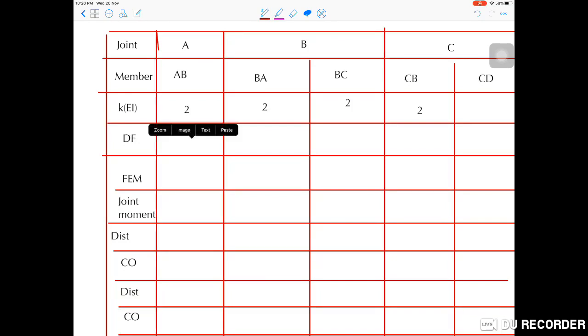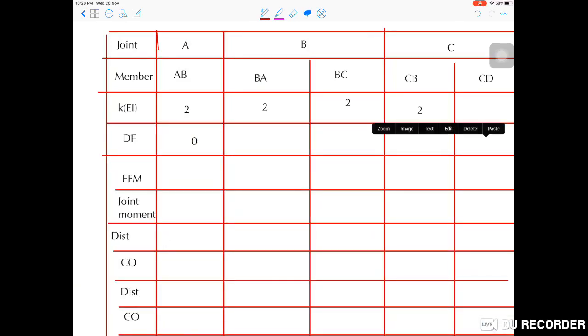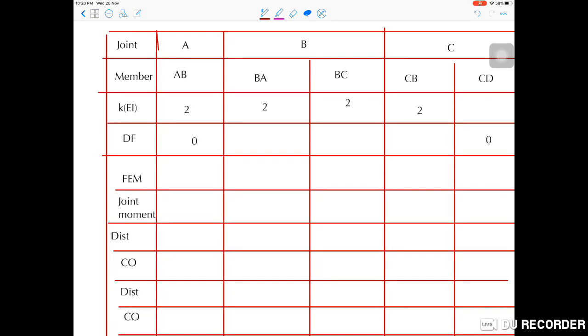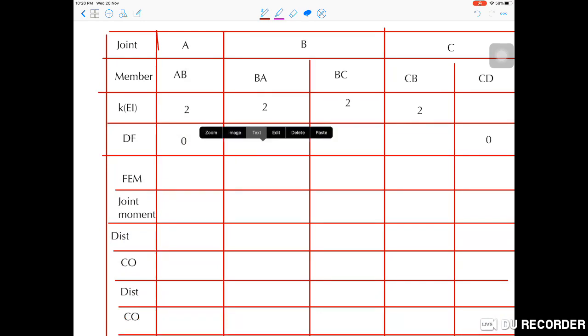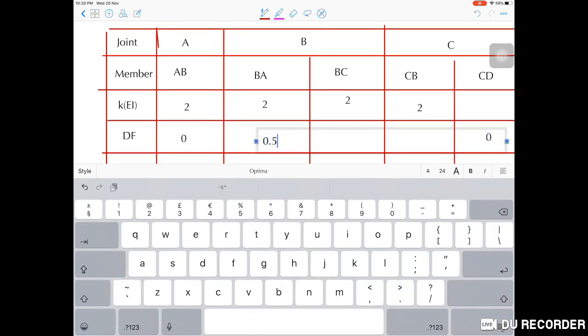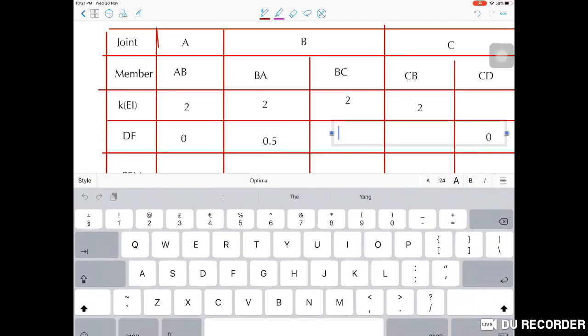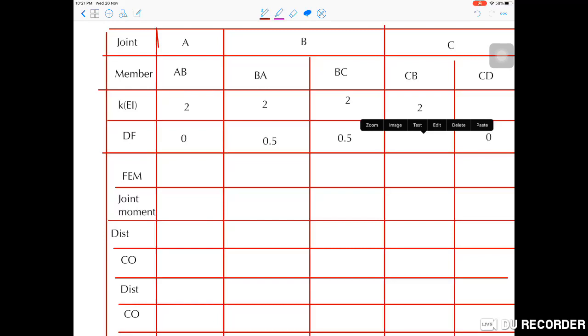So DF is 0 for fixed and 0 also for CD. Why is CD 0? Because CD has a moment, the same condition as fixed which has a moment. So the rest is 0.5, 0.5, and here is 1.